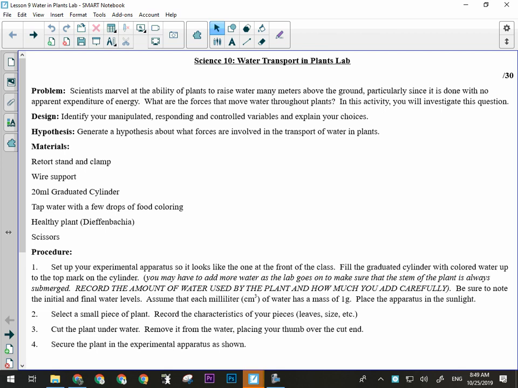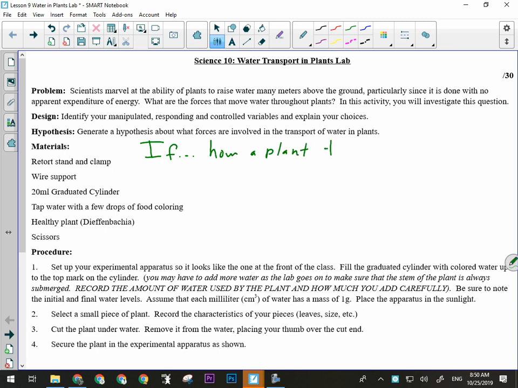We kind of talked about our hypothesis a little bit, but I'll give you a few more tips and pointers. In the if part of our hypothesis, we should talk about how a plant transports water, and we just went over that in fairly big detail. It also describes the experiment. I haven't gone over the procedure yet, so you'll fill that in later.